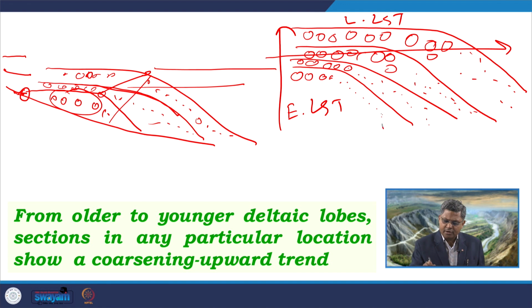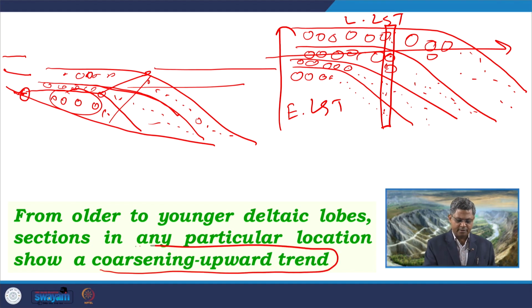But if I make a log anywhere, say for example over here, what kind of distribution am I getting? Mostly the finer grains at the bottom, relatively coarser grains above that, further coarser grains above that. So, it is always going to be a coarsening upward trend.